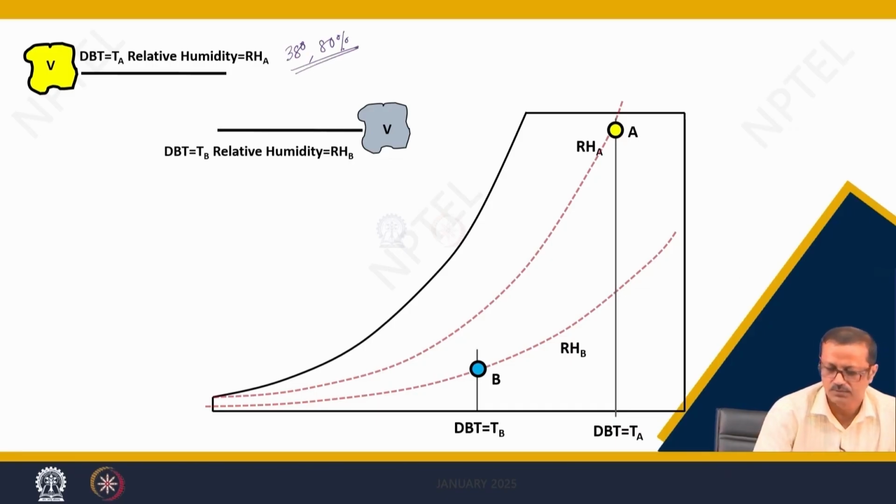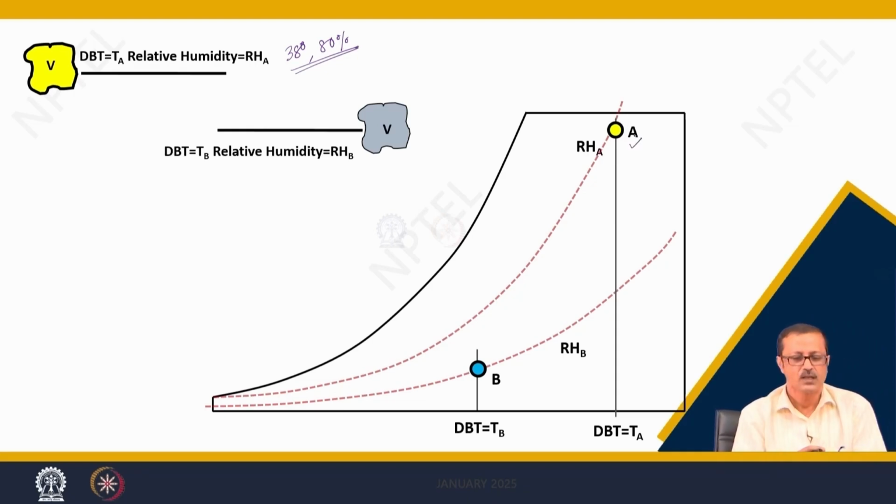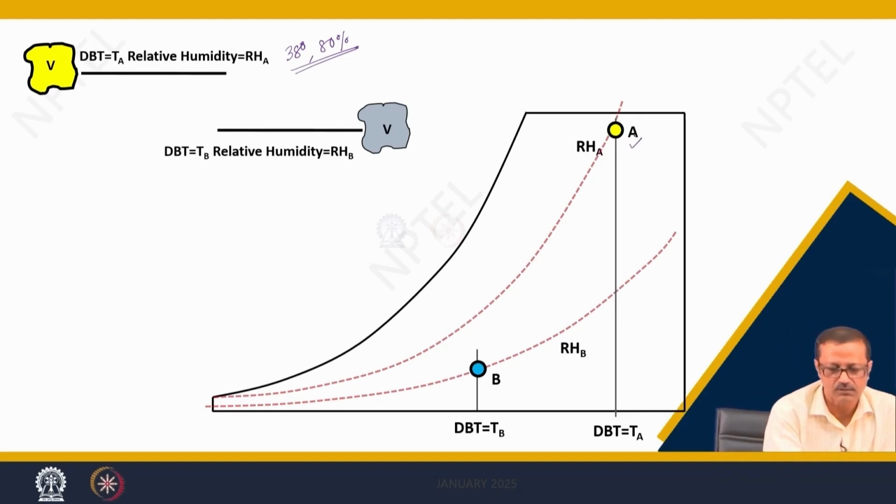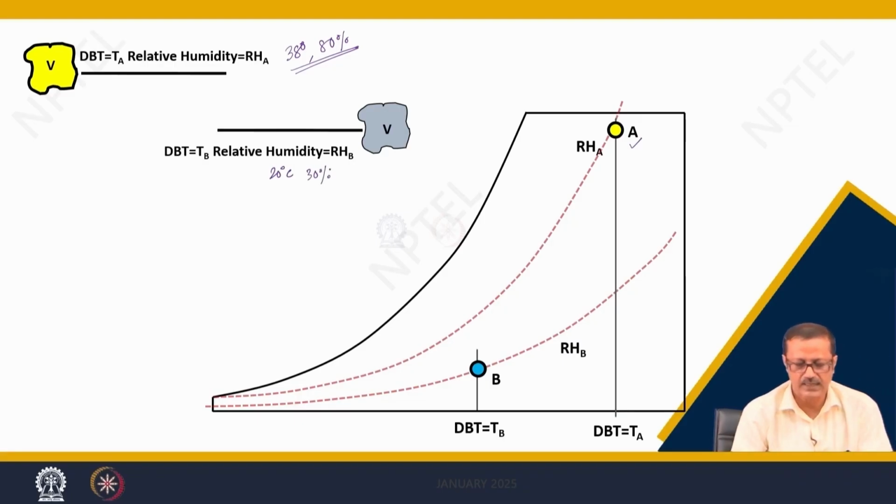So, this represents the particular point A, and I want to cool it down to maybe 20 degree centigrade with suppose 30% RH. That will be a little lower DBT, and that will be represented by B. Now, these two points have their own values, right.